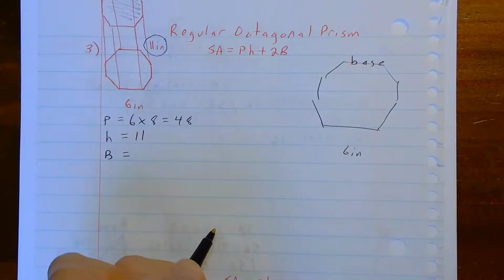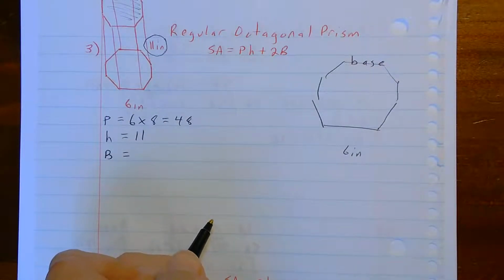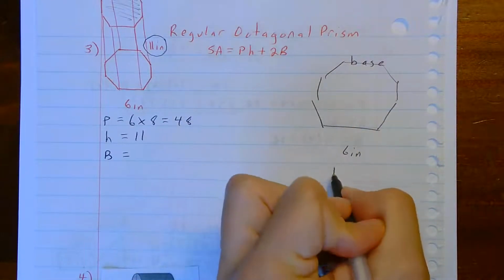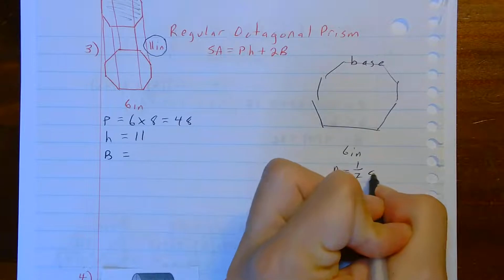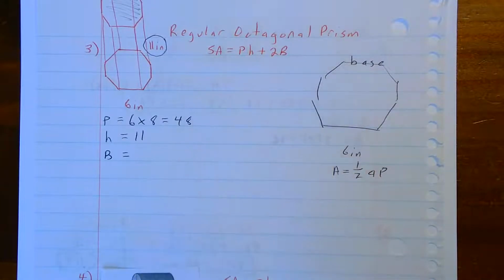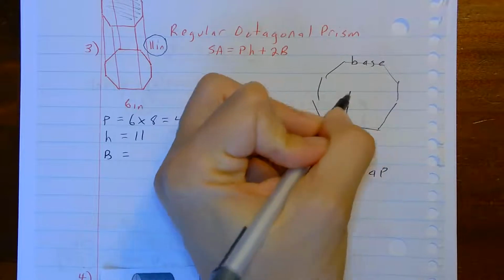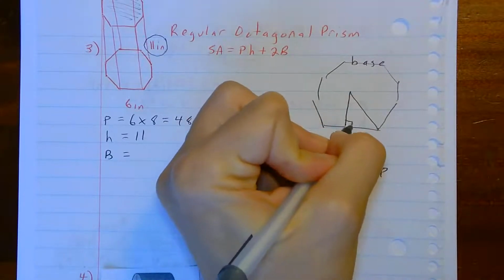And now I need the area of the base. This is where it gets kind of tricky because this is a regular polygon, and for the formula of a regular polygon we have to use 1/2 apothem times perimeter, which you guys did great on in your workbook page a couple sections ago. So to get the area of the base, I'm going to have to drop an apothem, and use 1/2 AP.